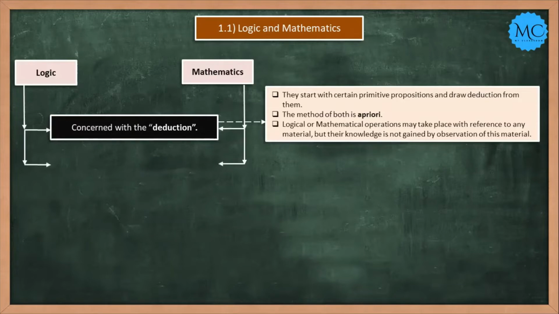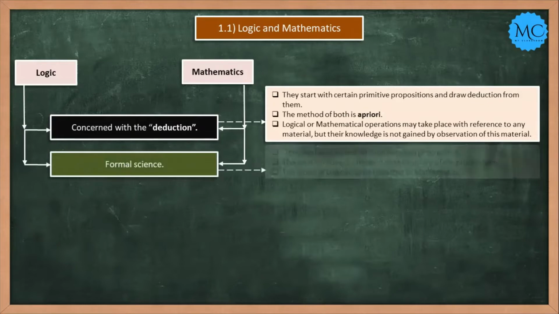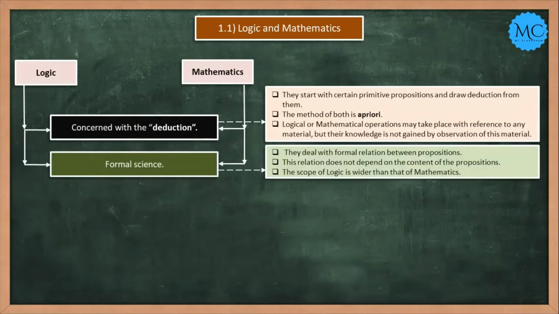The next one is formal science. By formal science, what we mean is that both these sciences, logic and mathematics, deal with the formal relation between propositions. The relation does not depend on the content of the proposition. It doesn't care what it is. For example, if you are adding something in mathematics, you are performing the operation of addition.